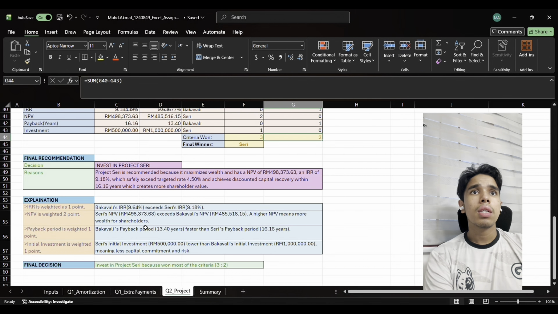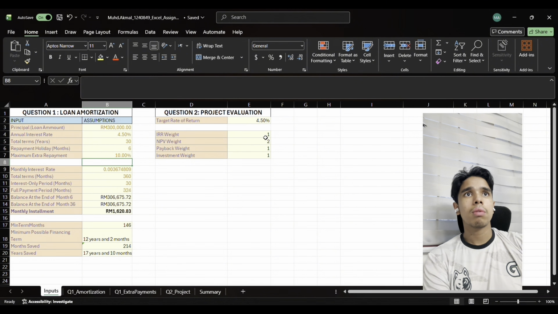Bakawali's payback period is faster than Seri's, and the initial investment is weighted as 1 point. Seri's initial investment is lower than Bakawali's, meaning less capital commitment and risk. So for the final decision, we can invest in project Seri because it won most of the criteria, 3-2.